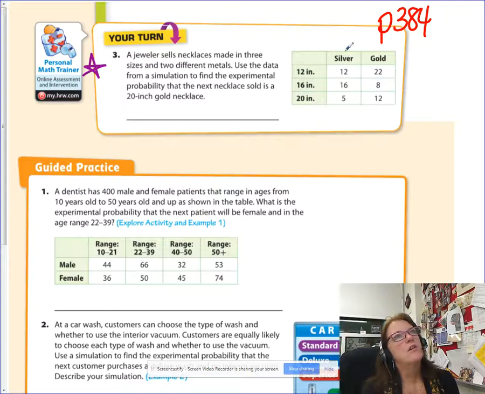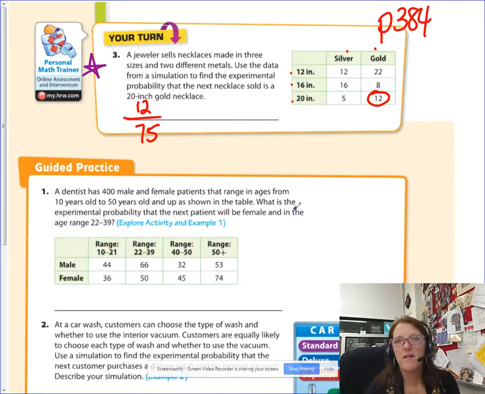So you have your choices of silver and gold, and then different lengths of this particular necklace or chain. So they want to find what is the probability that the next necklace sold is 20 inches and it's gold. That would be 12 out of the total, and the total that you have there is 75 once you total everything up, all right?